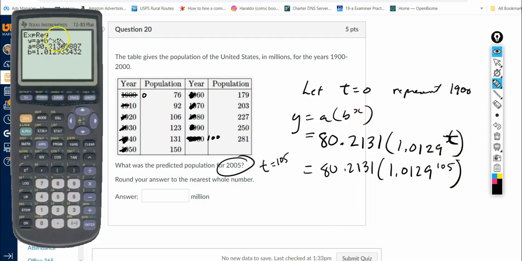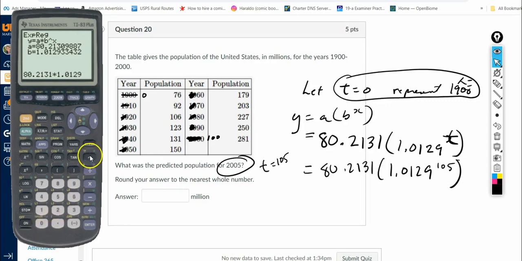So here they used an x, but in my equation here, I let t represent years since 1900. Okay. So I'm going to put that into my calculator now. So I'm going here, and I'll have 80.2131 times 1.0129 to the power of 105.